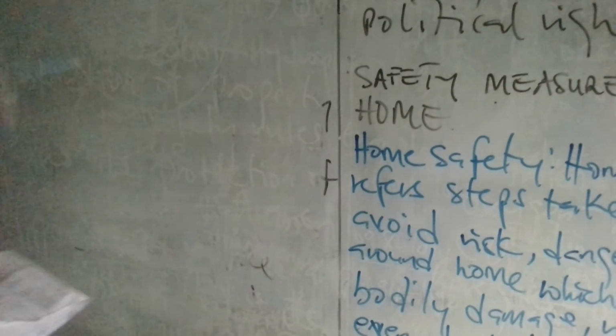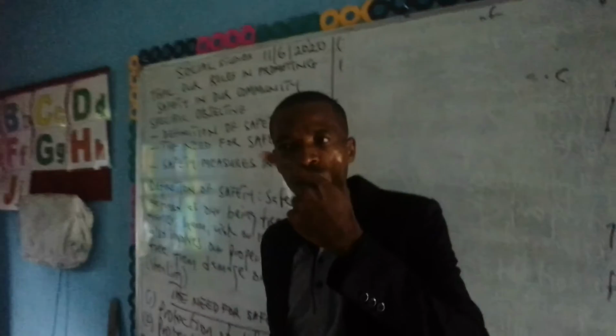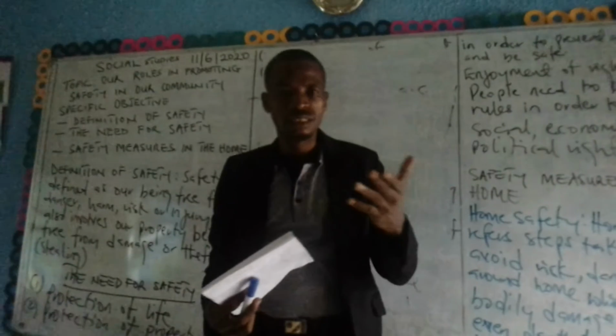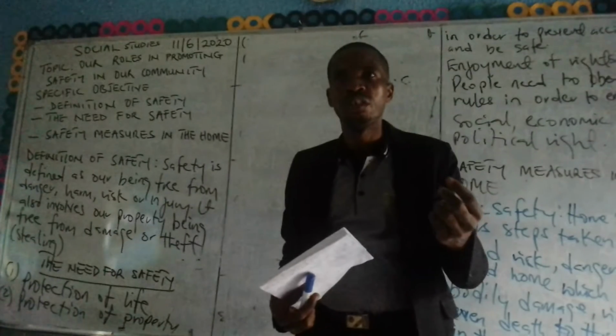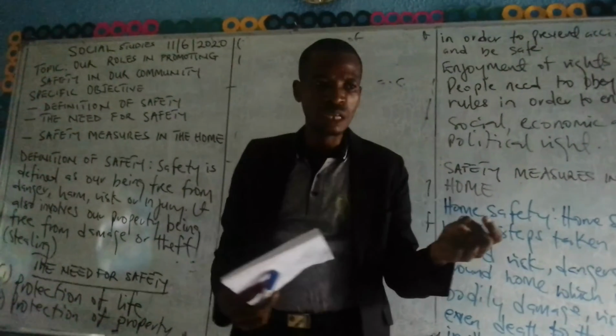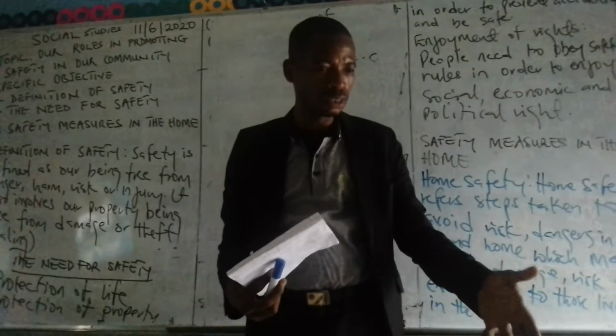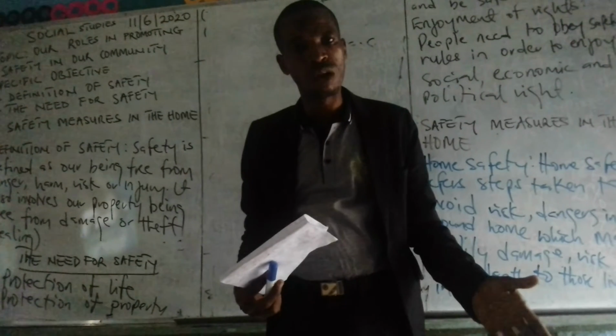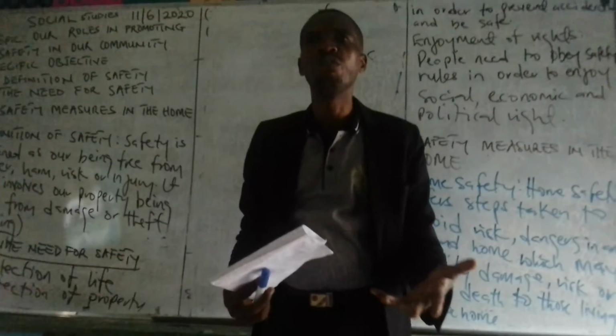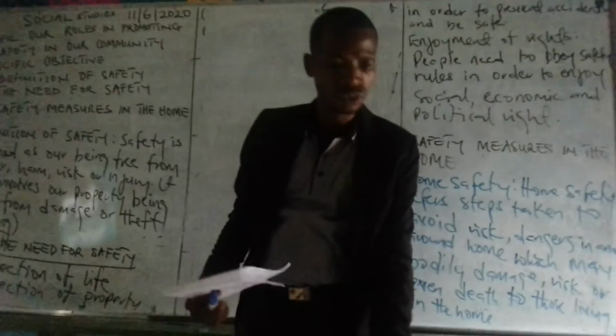Okay, now, number one. Sometimes in our homes, we don't know that there are certain things that we have to do, and if we don't take steps, it will cause problems to ourselves. Now, look at the floors here.